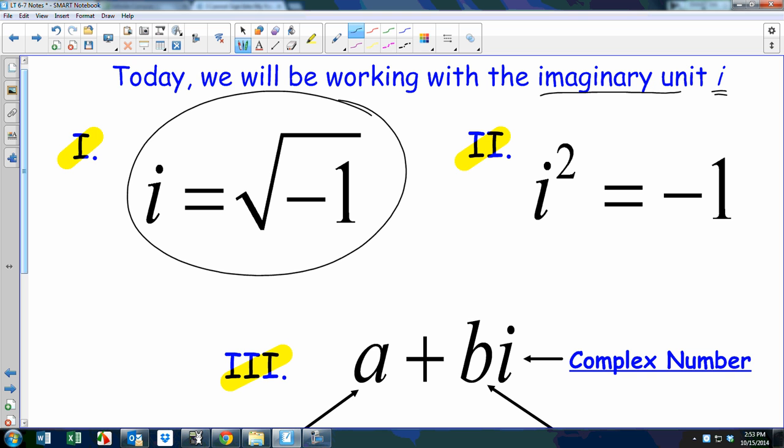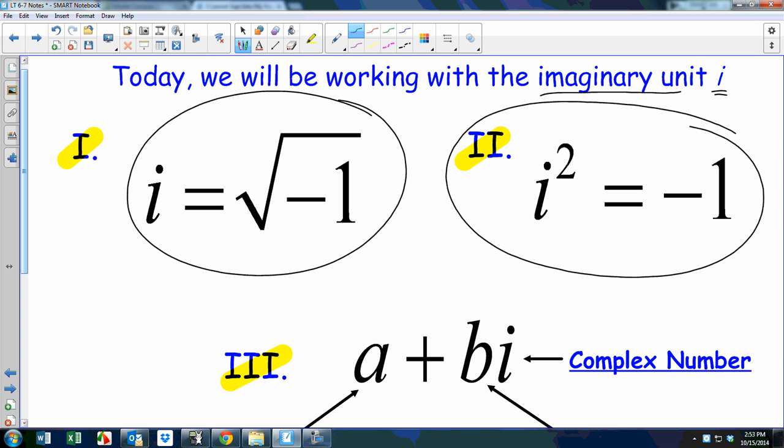You can extrapolate from that that i squared is negative 1. If you square both sides of this first fact, the square root being squared would cancel, so i squared equals negative 1.